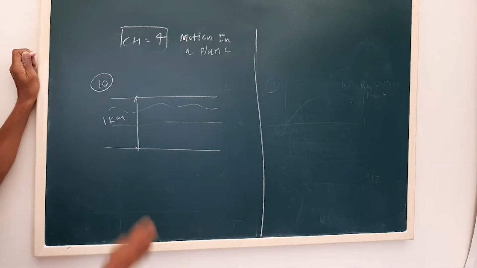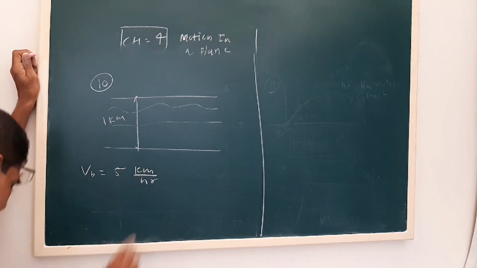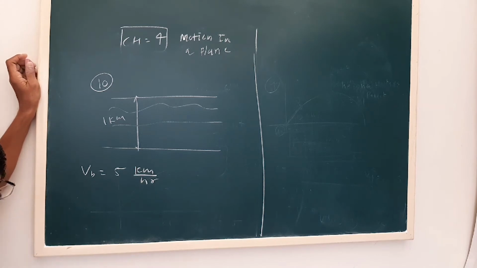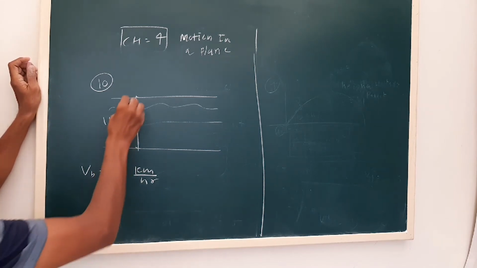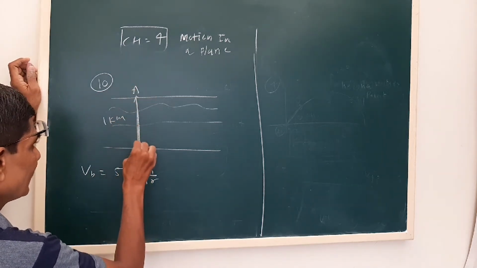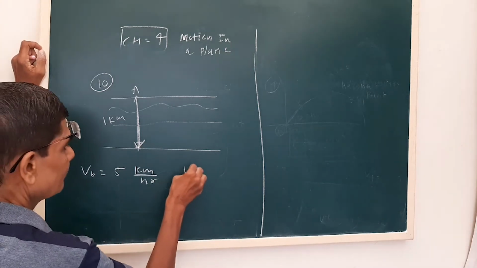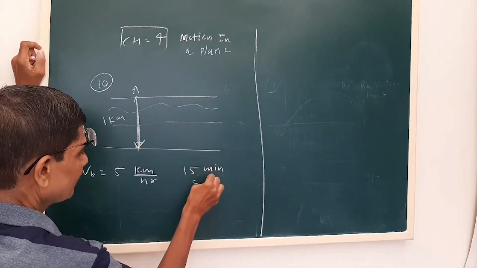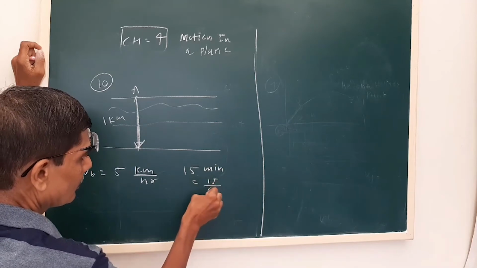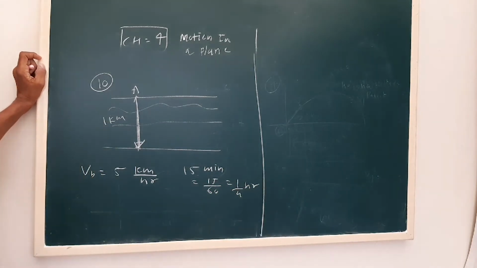The boat crosses the river in 15 minutes, moving on a shortest path. This will be the shortest path. Let us say you want to cross from A to B in 15 minutes. Now 15 minutes is 1 by 4 hours. So what is the velocity of the flow of the river?